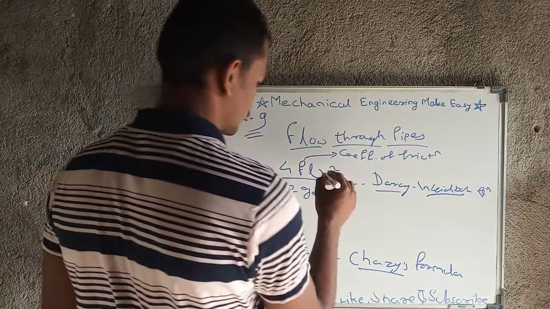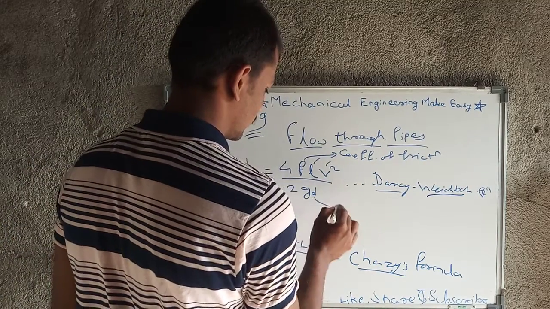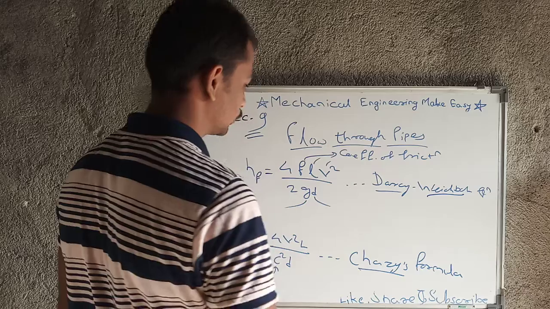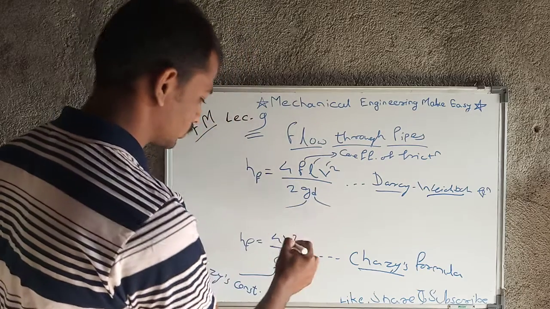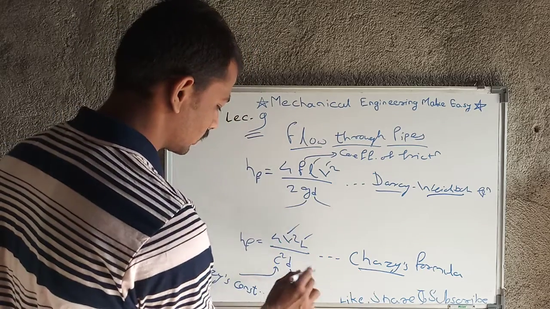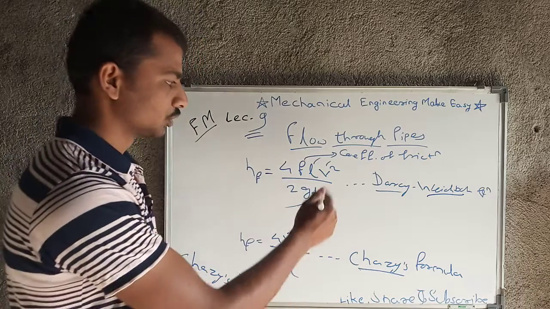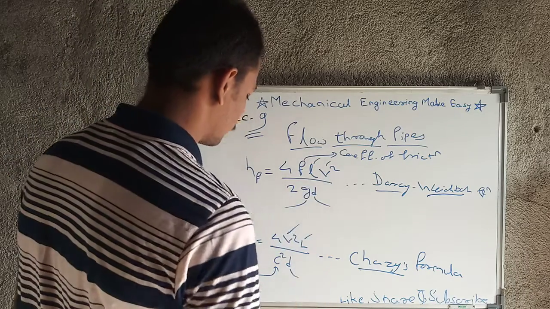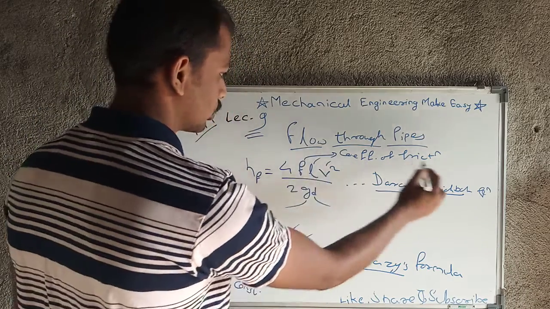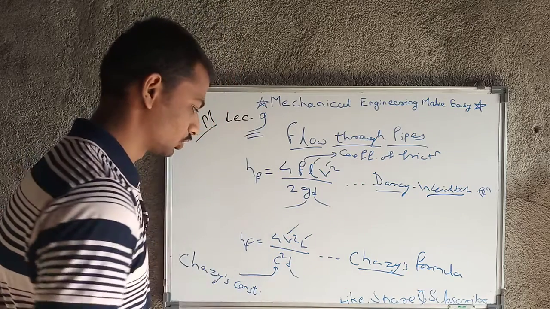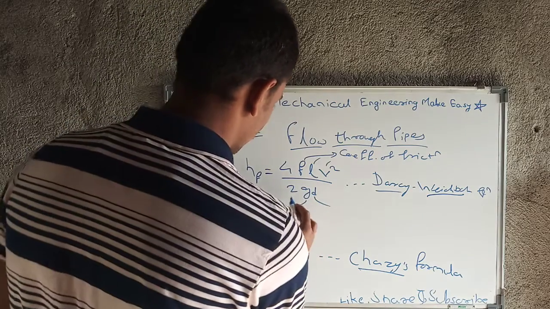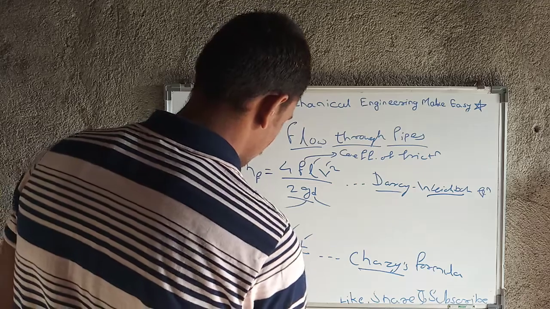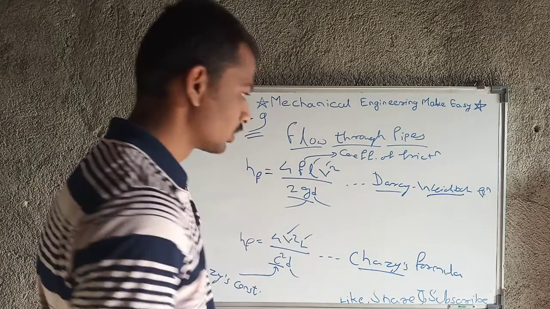All other parameters are length, velocity, diameter of pipe, and acceleration due to gravity. Here also velocity, length, and diameter of pipe. So these other parameters are common, but only here is the coefficient of friction, here is Chezy's constant, and here 2g is there, and here only C squared.